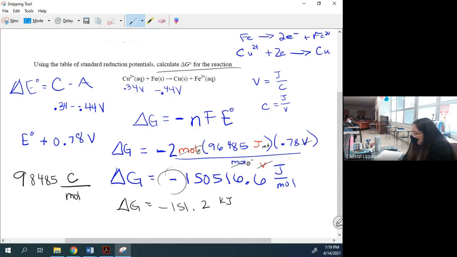I'm still stuck on those units. I'm going to have to go back and revisit that. You just move the mole to the bottom. There should be 2 moles on the bottom, and 1 will cancel. Okay. So electrons per mole, and this was joules per mole.